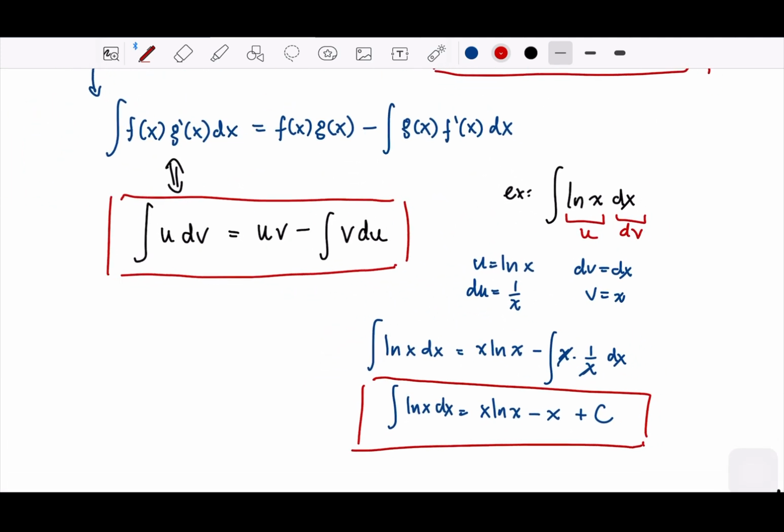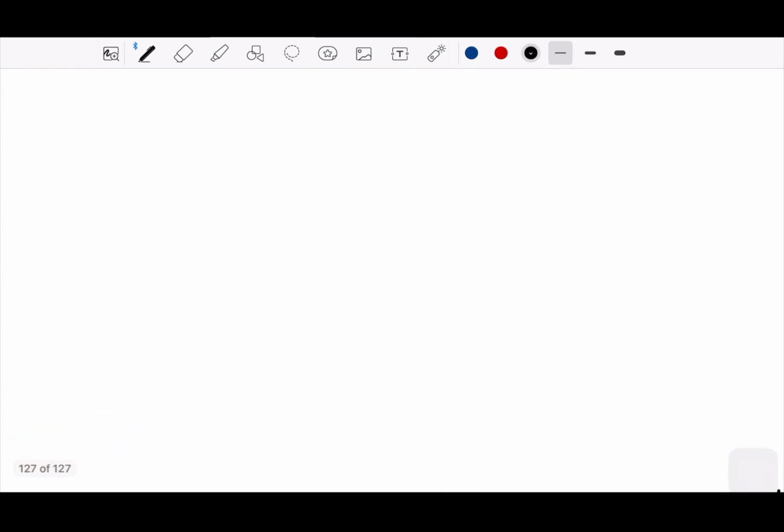Okay, let me give you another example. Let's say x sine x dx. Sometimes if you are not able to identify the u and dv correctly, the equation will not be solved.